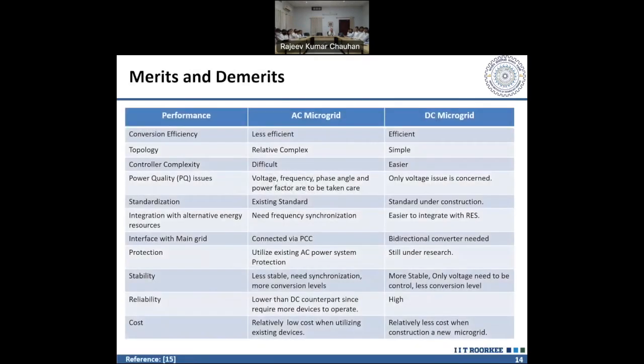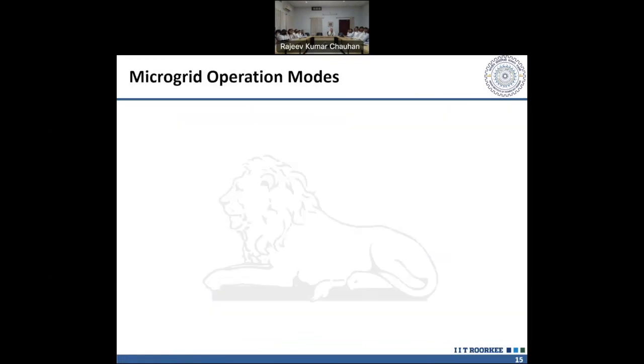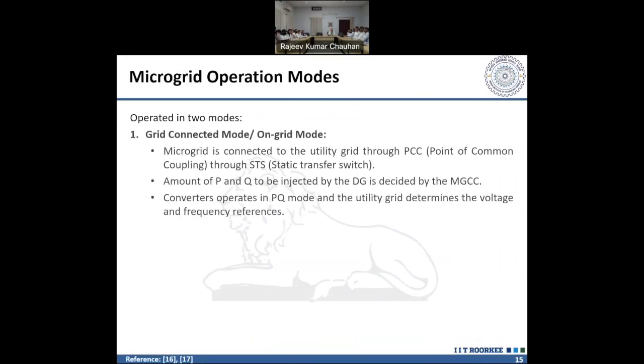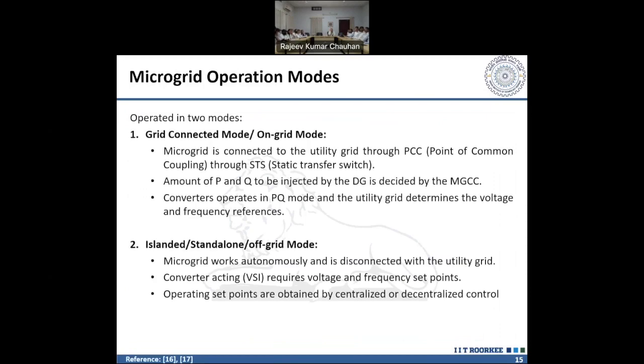Here are the few merits and the demerits. I will leave the slides here, you can study. And we said my grid can operate in two modes, the grid connected mode and the islanded mode. In between, if you have any question, feel free to discuss.